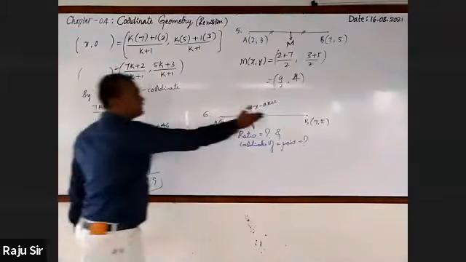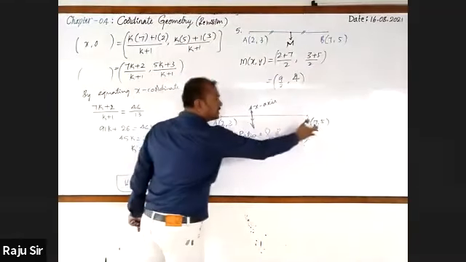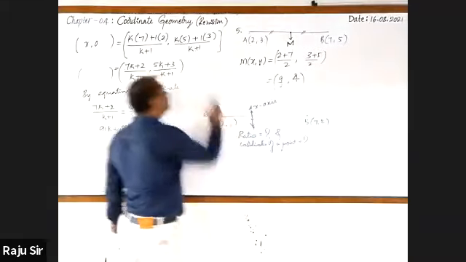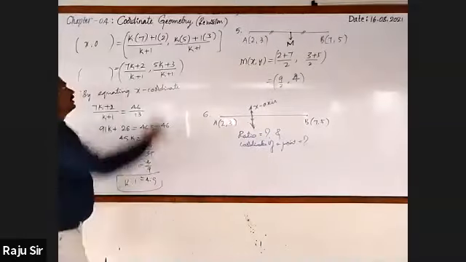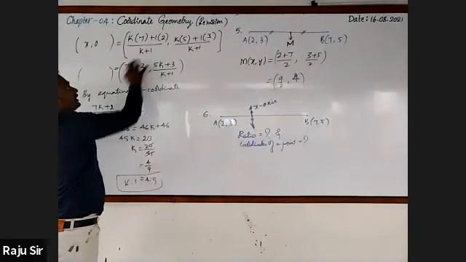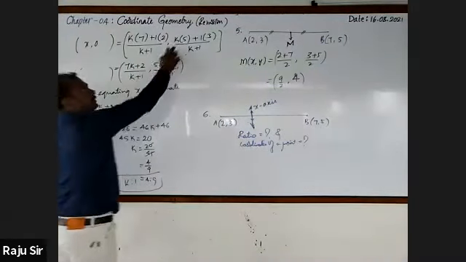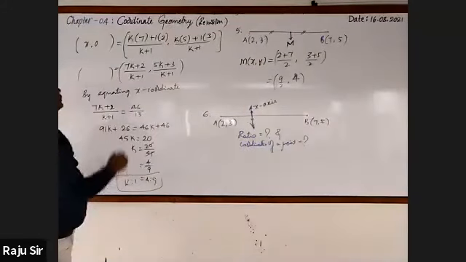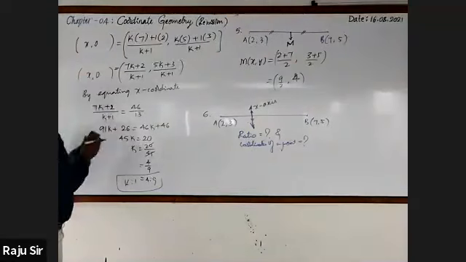Substitute x2, x1 as 7 and 2, y2, y1 as 5 and 3. Then simplify. It will be (7k plus 2) by k plus 1, and (5k plus 3) by k plus 1. It is (x, 0).